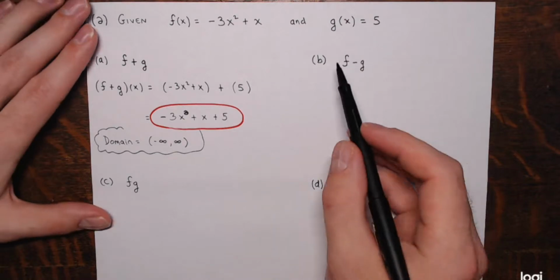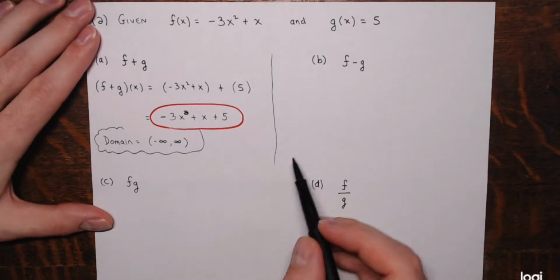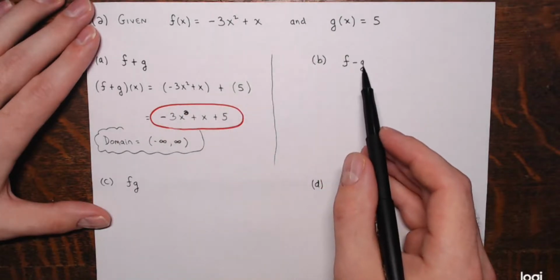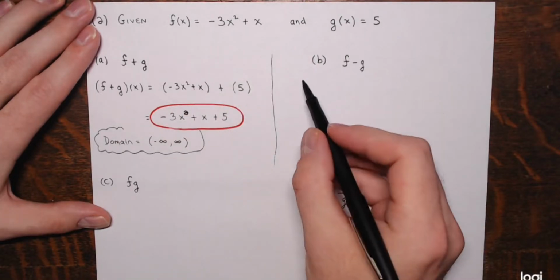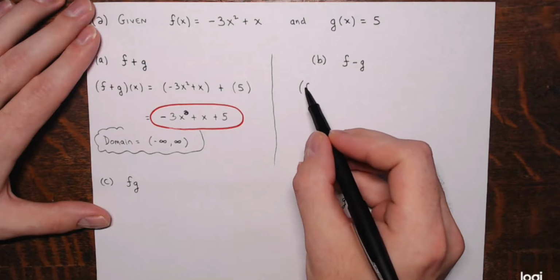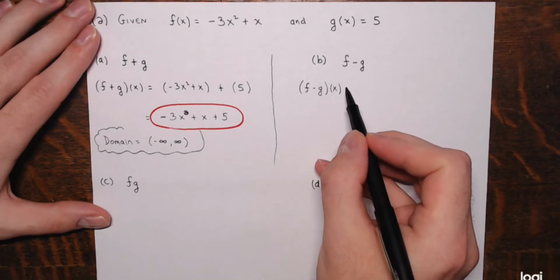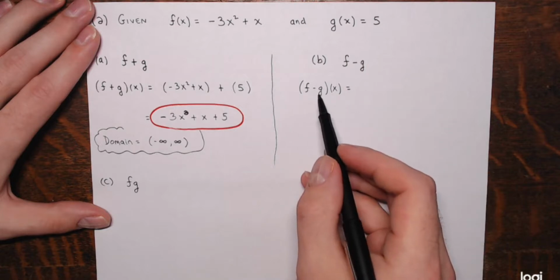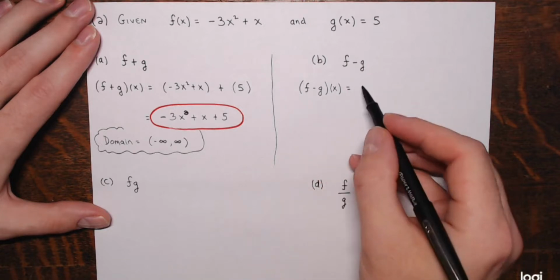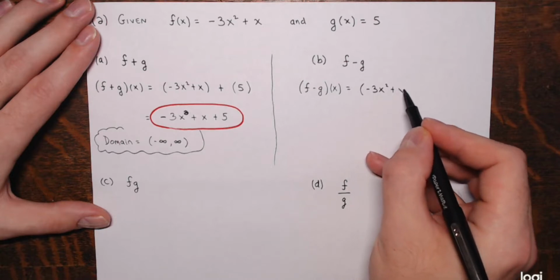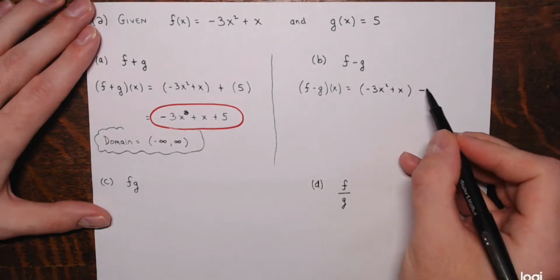All right, part B. Taking these functions f and g, what would be the new function f minus g? What would be this function f minus g of x? And again, it's just as it says. Just take the output for f, negative 3x squared plus x, and then subtract now the output for g.